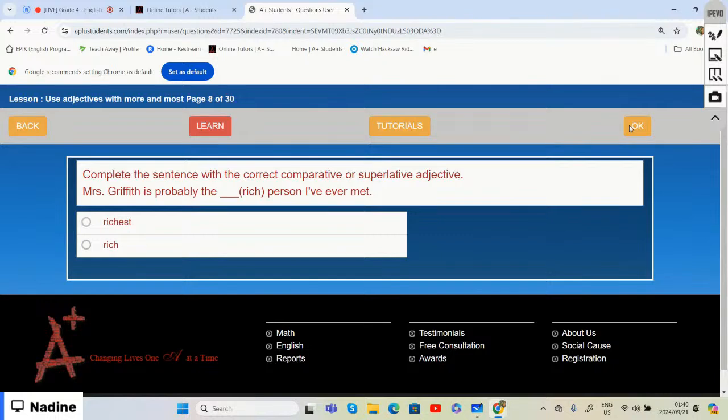Then the next one says, complete the sentence with the correct comparative adjective or superlative adjective.